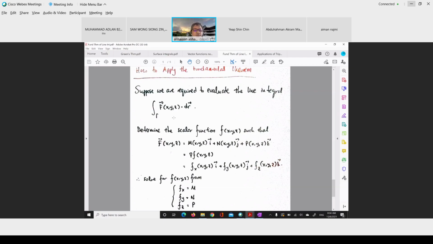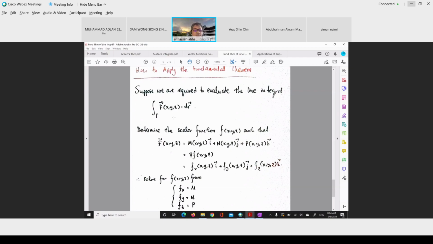So when you have such a question, this is an indication that the fundamental theorem of line integral must be applicable here. So we check whether the given force field F is conservative.